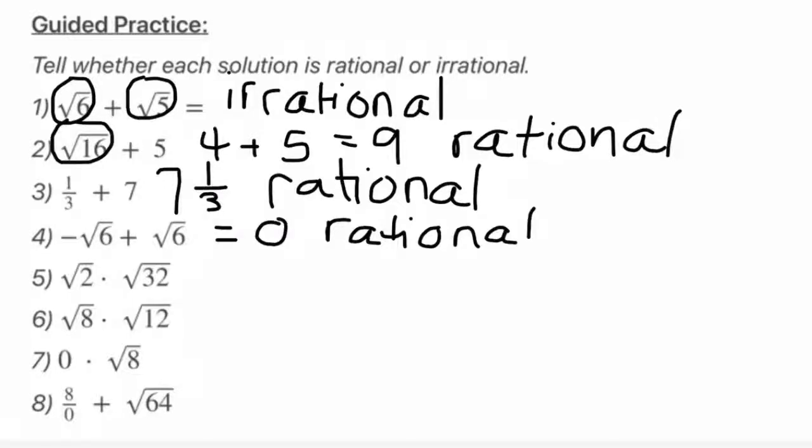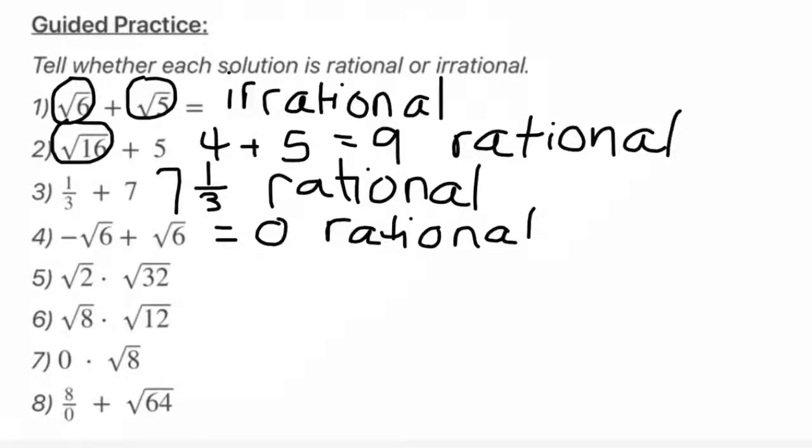So 1 through 4 is all addition, and 5, 6, and 7 are all multiplication. So let's try some multiplication. Go ahead and pause the video and try number 5. So number 5 is a little bit tricky. We do have the square root of 2, which is a non-perfect square root, it's irrational.